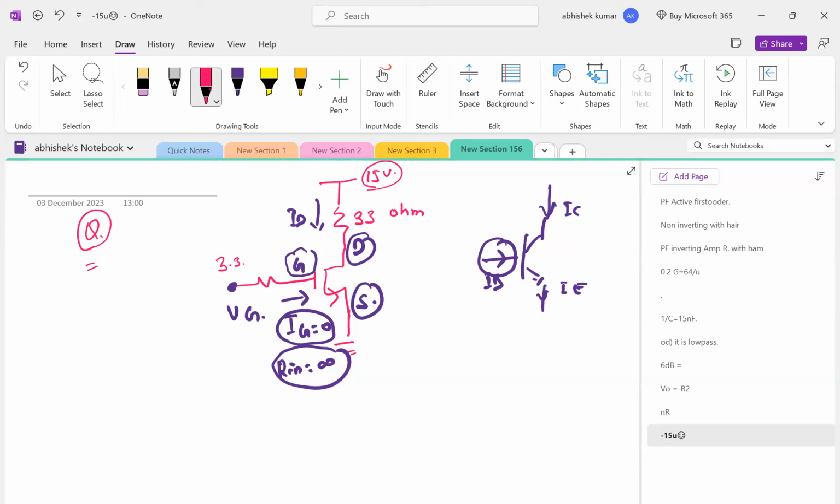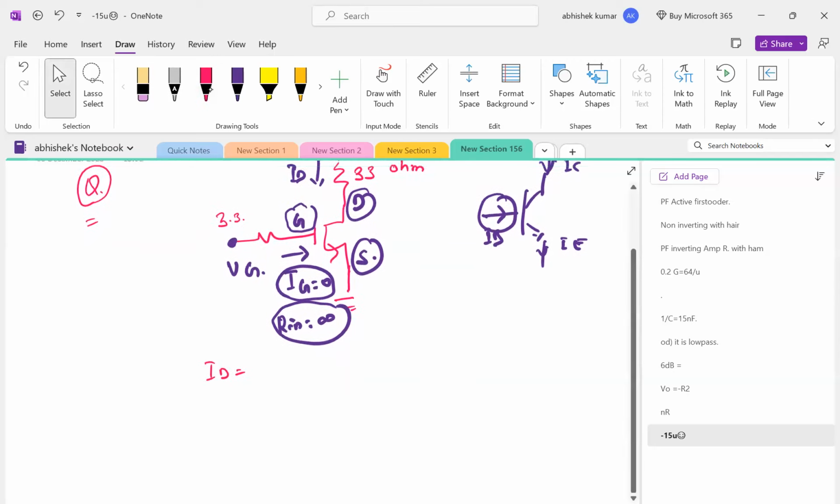Because in the MOSFET, the current equation is ID equal to, and again there are different modes of operation. First of all, we have to check whether this MOSFET is in active mode or saturation. In MOSFET we have three modes: cutoff mode, triode region, and saturation mode. In the cutoff mode, the switch is open, so we cannot drive any current and our output will become VDD only.